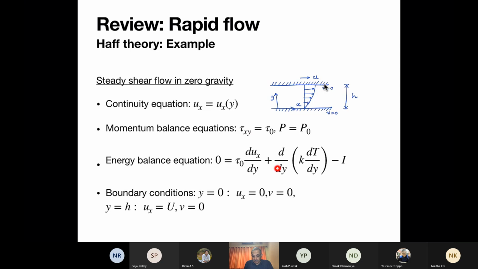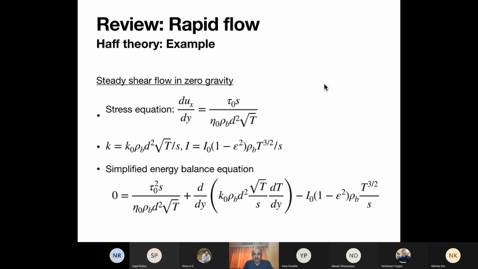The energy balance equation gives us this. The boundary conditions are that at y equal to 0, the mean velocity is 0 and the fluctuation velocity is 0. And at y equal to h, which is this surface, ux is equal to u and the fluctuation velocity is equal to 0.